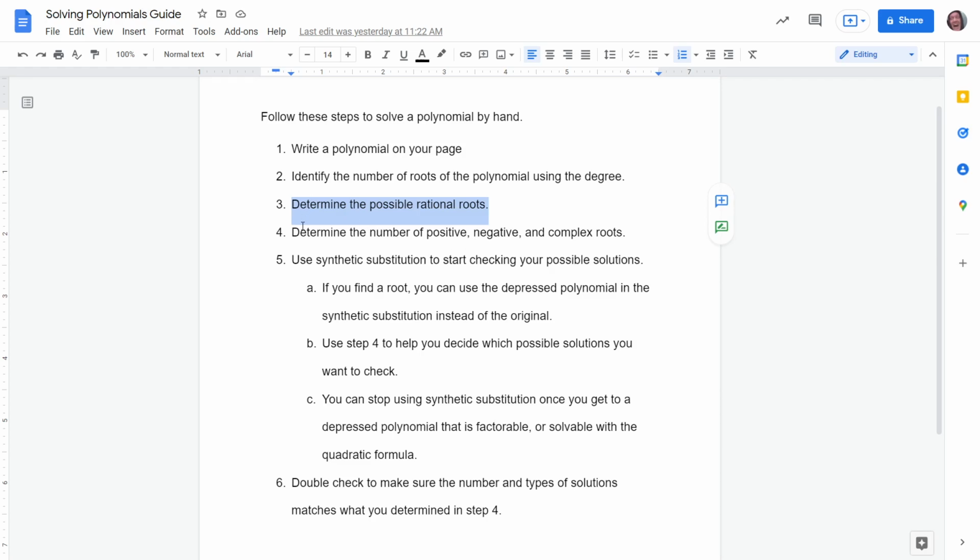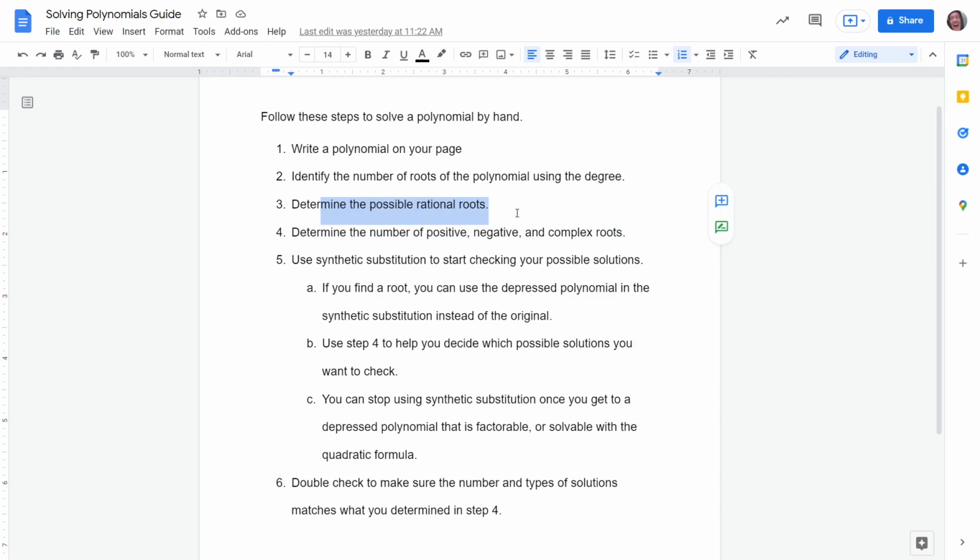We're going to try to reduce that list again and give us some clues about what I should expect when I'm trying to solve this function by using Descartes' rule of signs. And we're going to figure out how many positive, negative, and complex roots there are. This tells me things. If I find that there's going to be one negative root, I'm going to start looking through all the negatives of my rational roots.